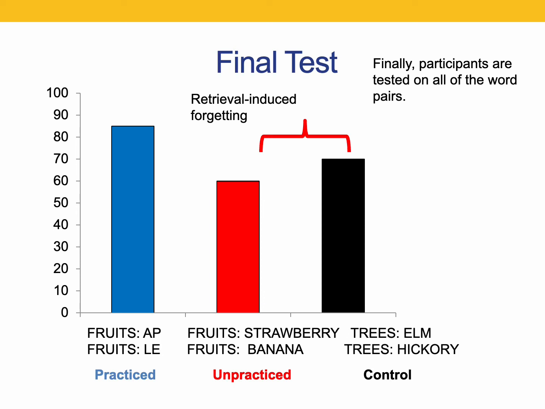The items that are given retrieval practice, the items that we take an initial test on, are recalled better than items from the category that wasn't tested.